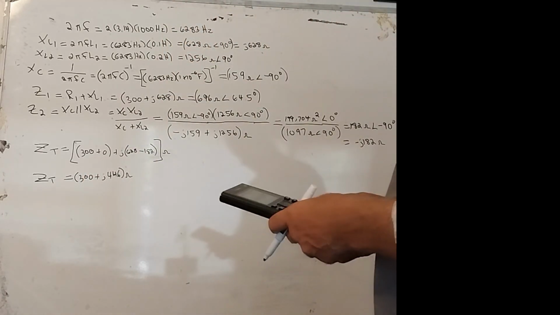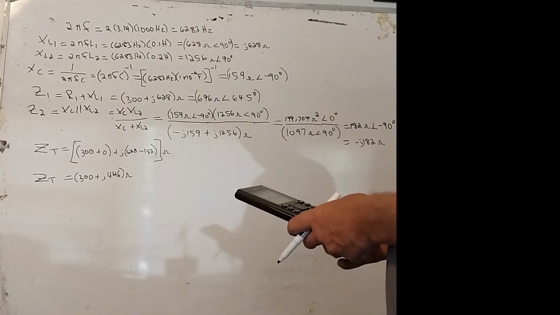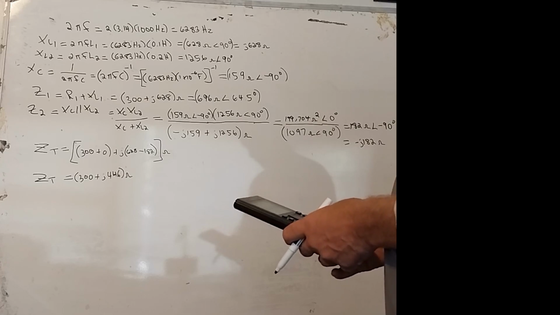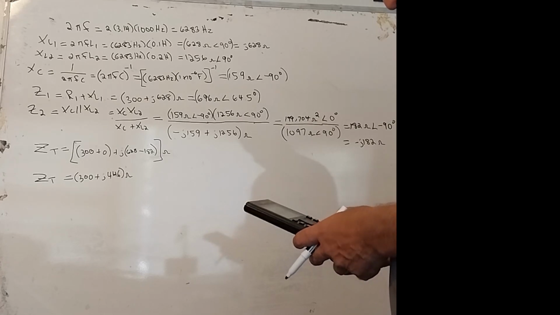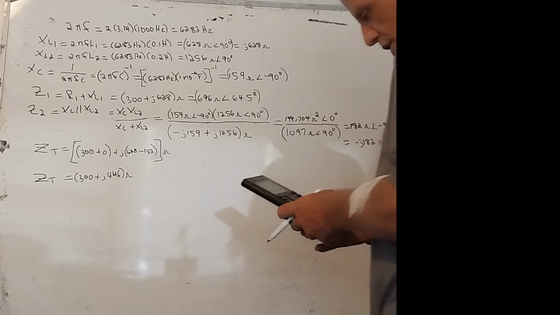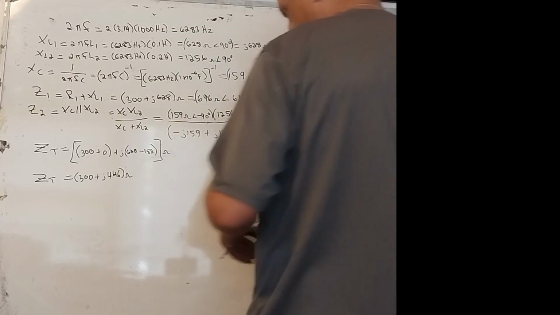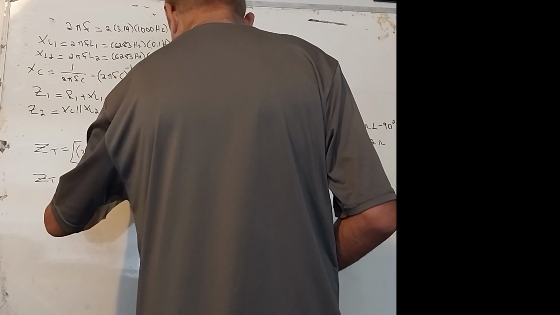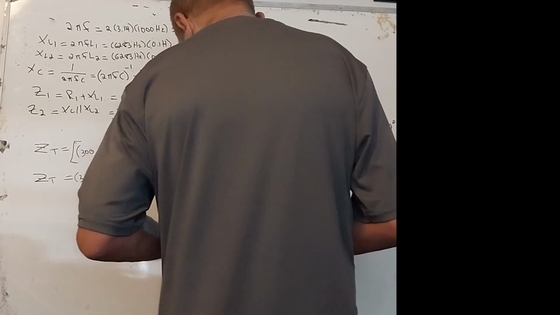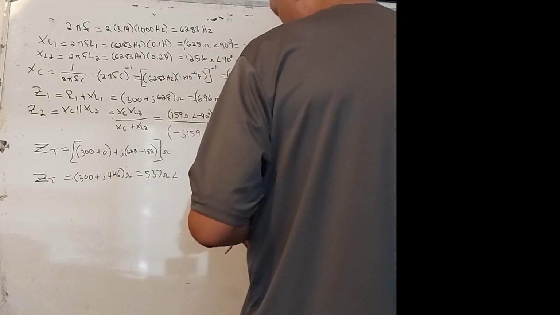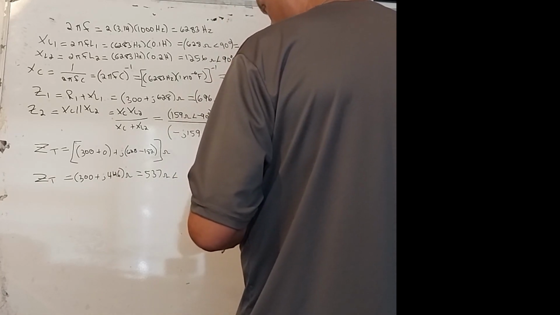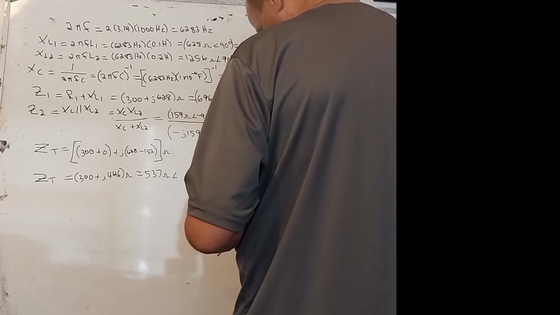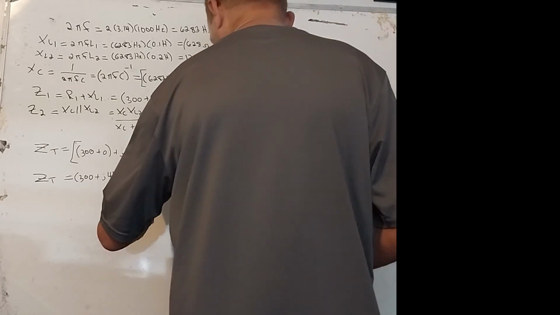Okay, so let's do the Pythagorean theorem to find out the total magnitude of that and the phase angle. So 537 at 56.1 degrees.